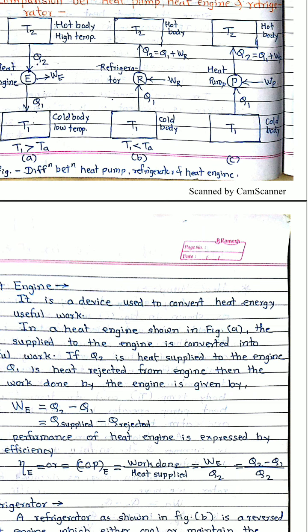There is only one difference between these two figures. The refrigerator always works between the low cold body temperature and the surrounding temperature, and the heat pump always works between the surrounding temperature and hot body temperature. So this is the only difference.